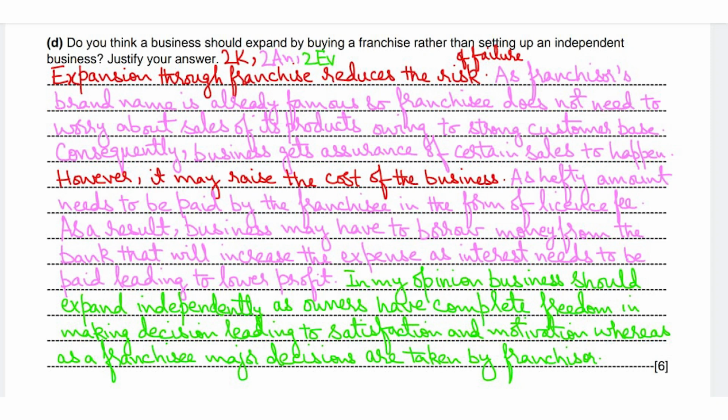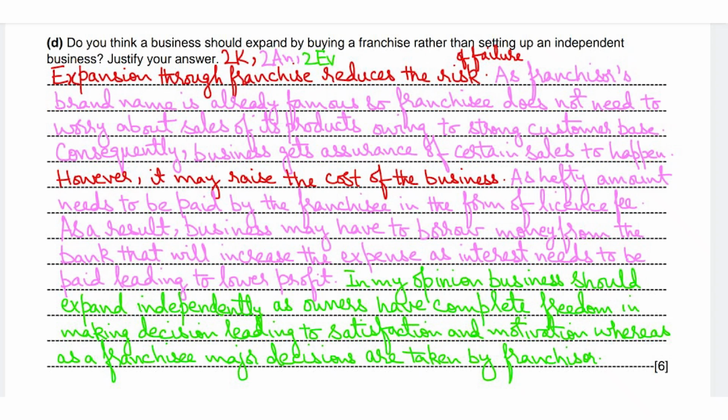Again, end result is the impact on the business, and that is assurance of sales. I now will discuss the other side, the disadvantage. So I use the word at the start, however. However, it may raise the cost of the business. I told you earlier, however hints the examiner that now you are discussing the other side. So it will have a good impact on the examiner that you know the other side as well. So you are making a ground here.